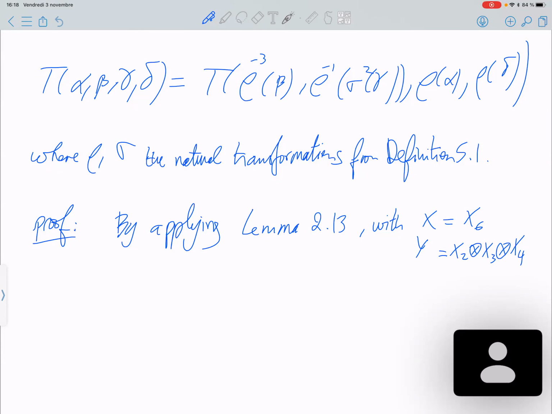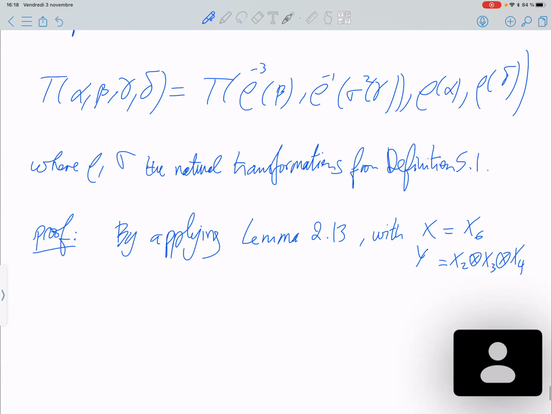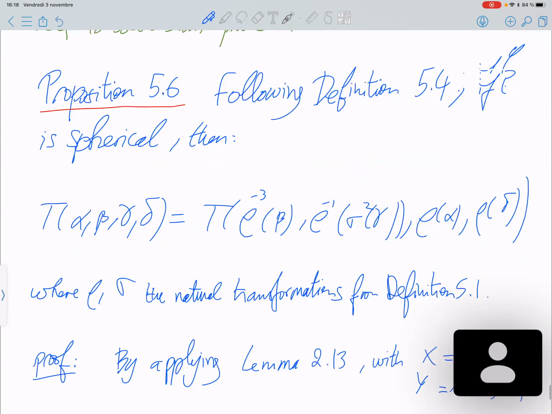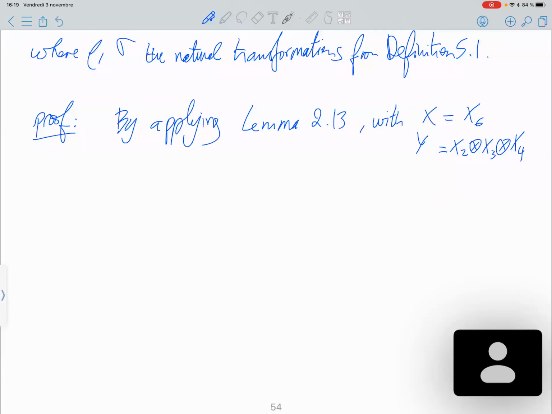So this time I will draw the picture. I will draw the grouping. As for the previous proposition, we will group together morphisms. So we will have two blocks, and we will apply the lemma to these two blocks.